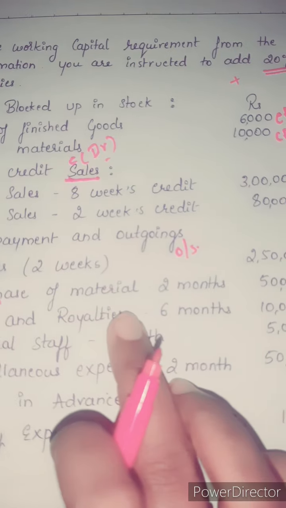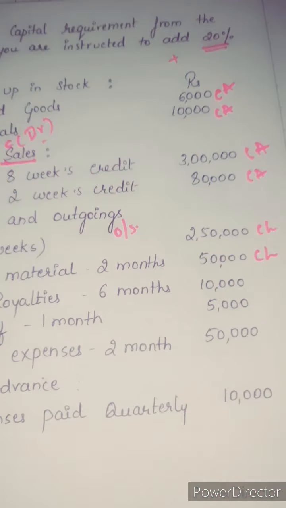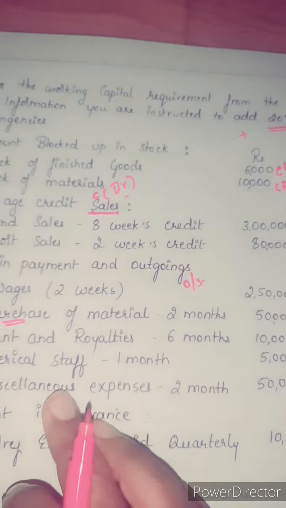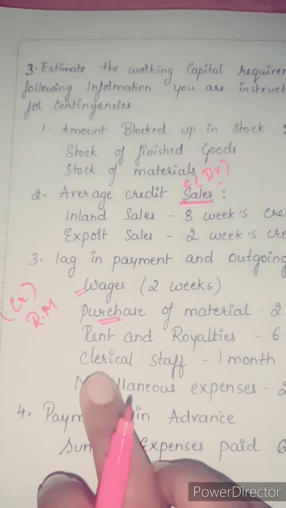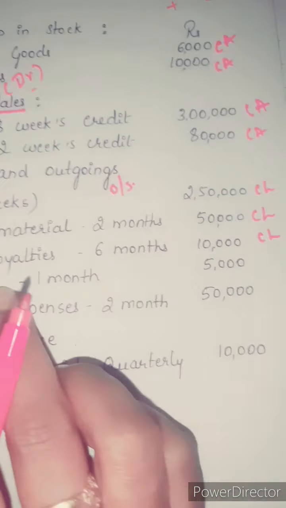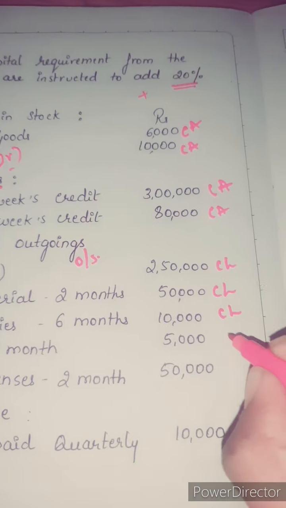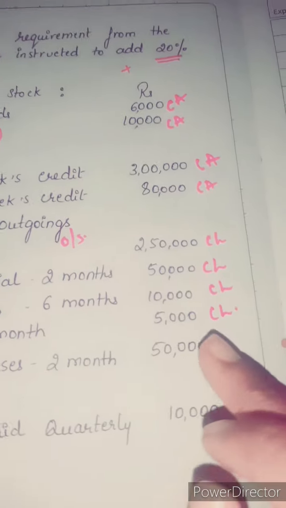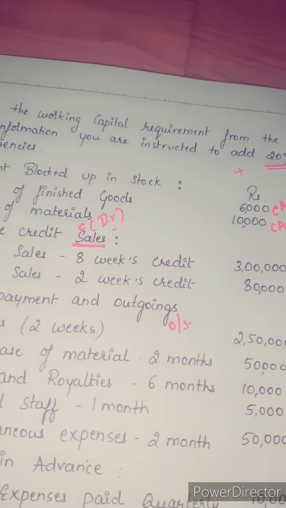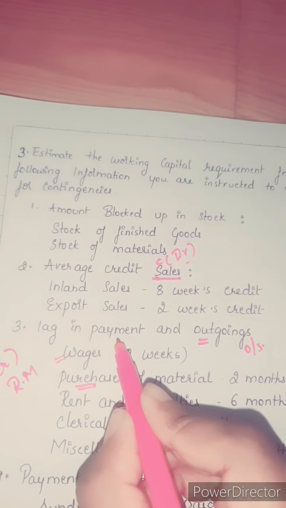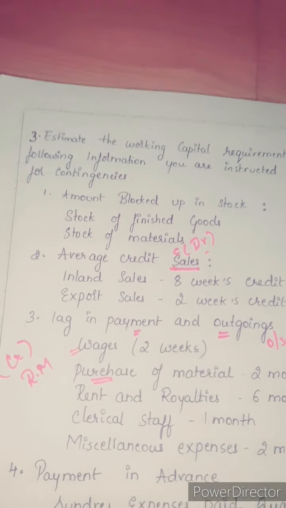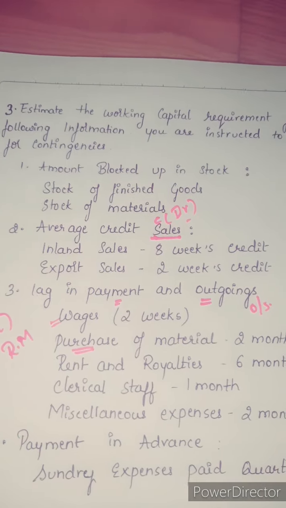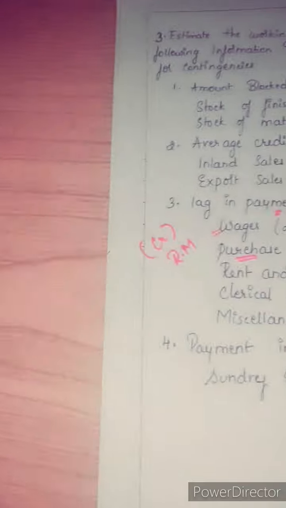Next, rent and royalty for 6 months, that is a current liability. Salary for clerical staff, that is a current liability. Miscellaneous expenses 50,000, that is a current liability. So all these are outgoings, payments which are delayed or lagging, so all these are current liabilities.